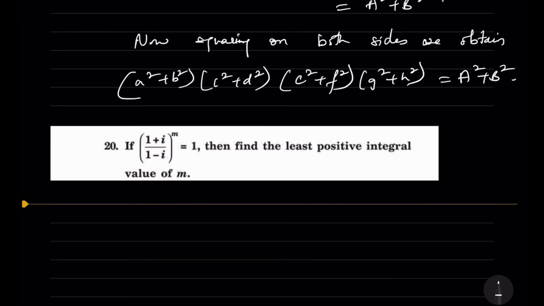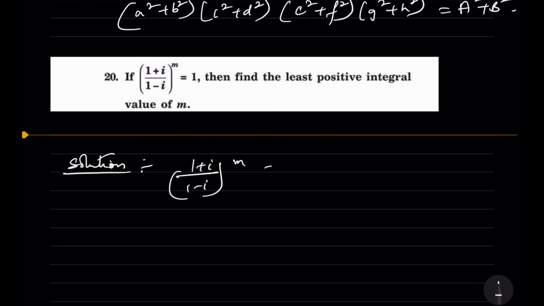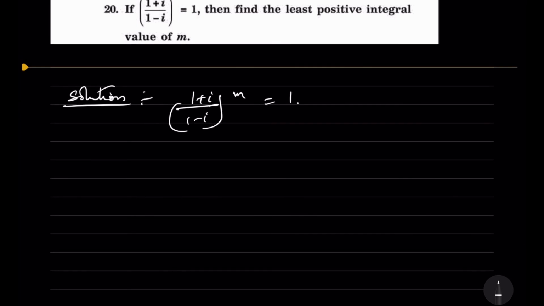So now next, here it's given that if 1 plus i by 1 minus i whole to the power of m is equal to 1, then find the least positive integral value of m. So in this, what do we have? The solution part of here: 1 plus i by 1 minus i whole to the power of m is equal to 1. So we have to find out the integral value of this.